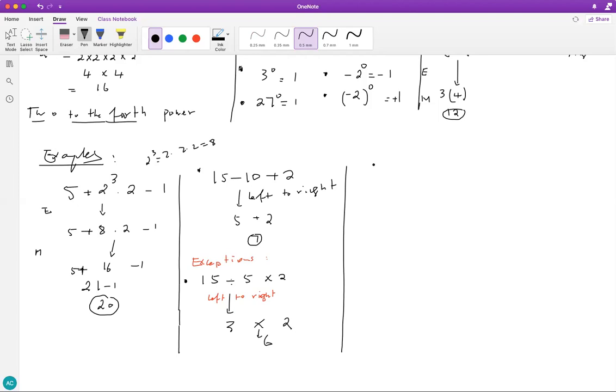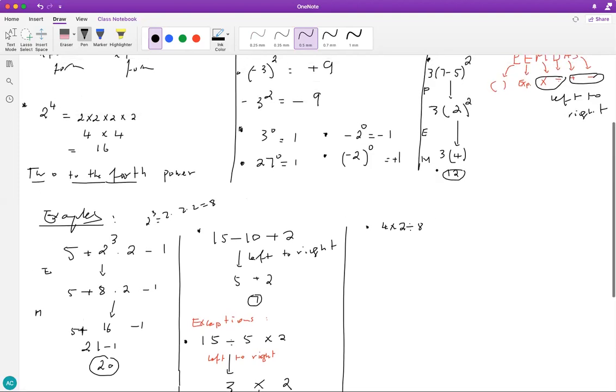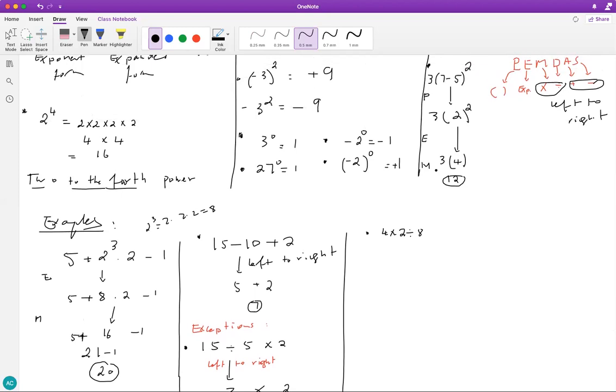You may also have 8 divided by 4 times 2. So what do you do first here? The multiplication and division. Which one do we evaluate first in this example?